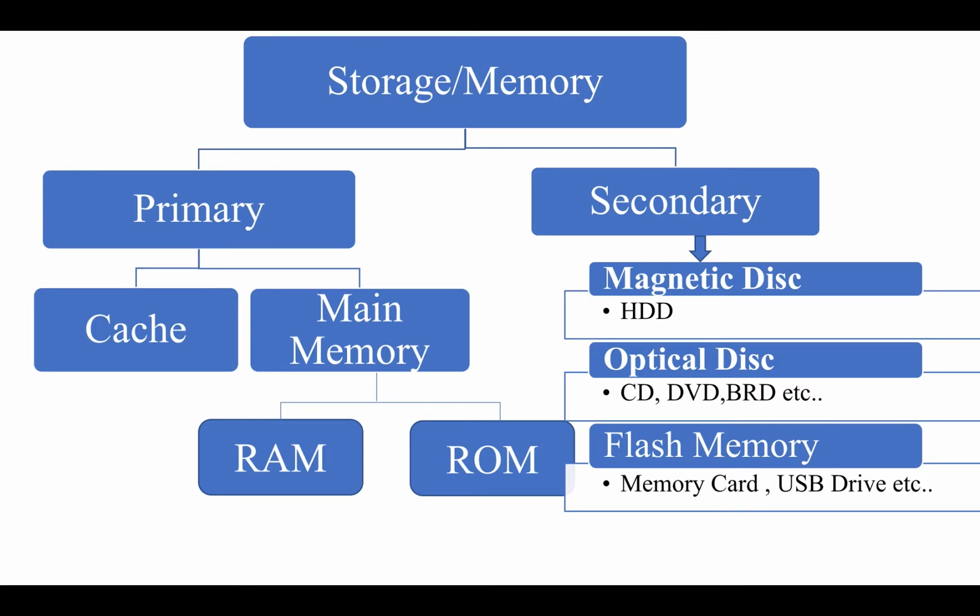Students, secondary storage helps us to store data not only on our computer but also on external devices in order to move it to another computer. Then you learned about magnetic storage, magnetic disk, the part of which is hard disk drives. You learned that the hard disk drive is the main storage device of a computer. It can hold data up to a few terabytes and can store thousands of movies, songs, and millions of documents.